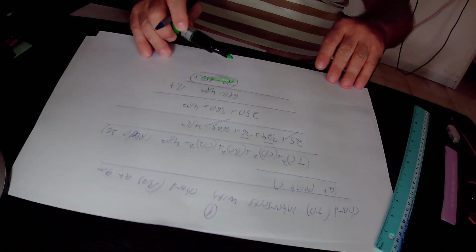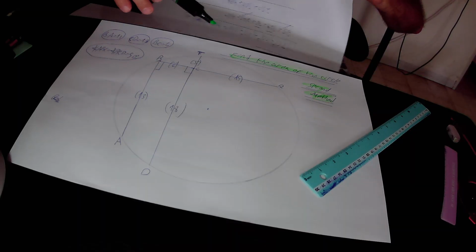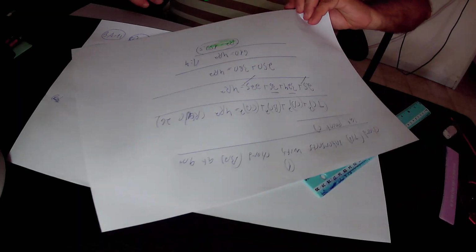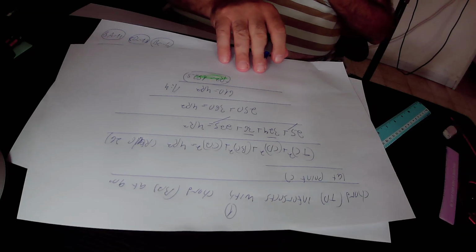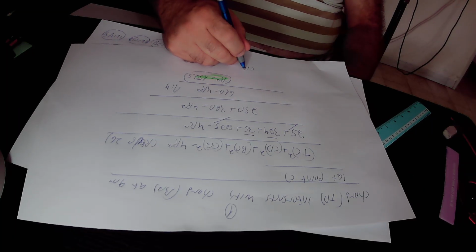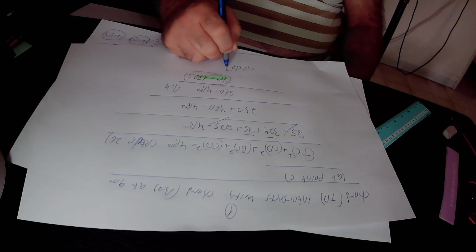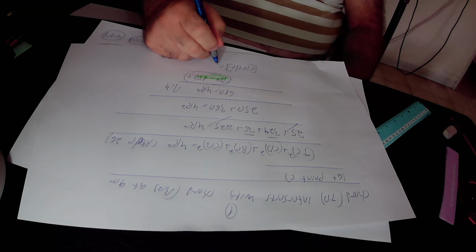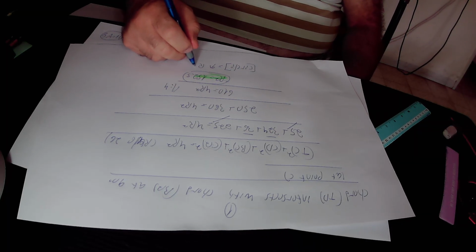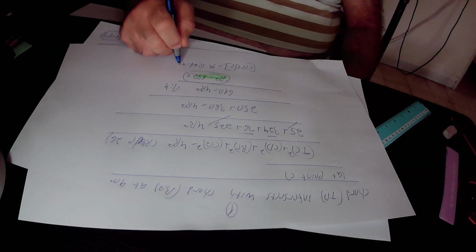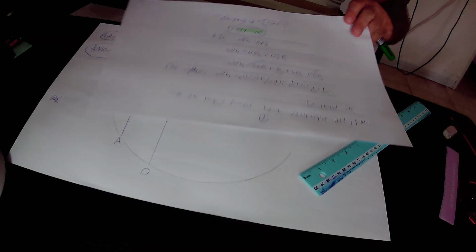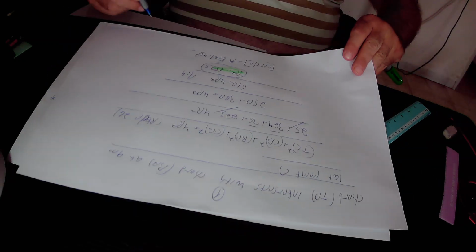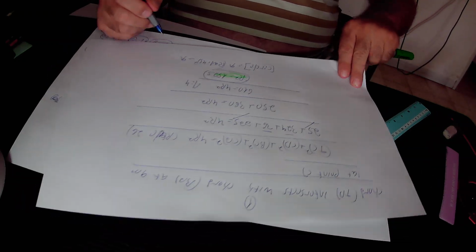Our task is to find the area of this circle. The area of any circle equals pi times the radius of the circle squared.